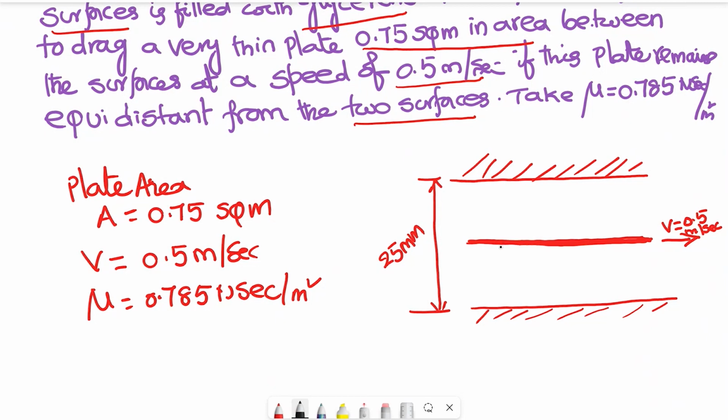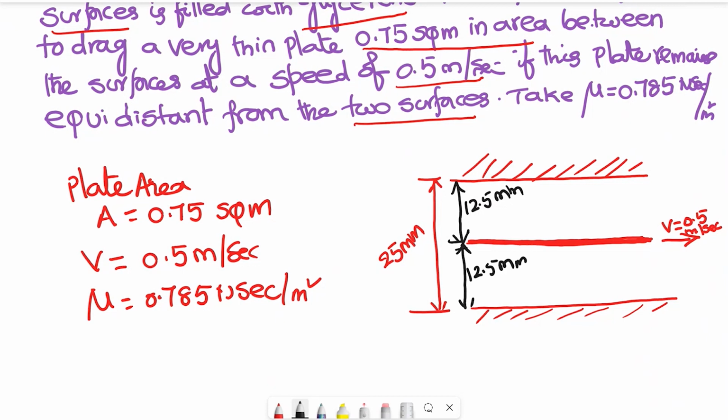To understand, this is the fixed plate, this is the moving plate. It is kept equidistant. So what is this distance actually? 12.5 mm, because thickness is not given.